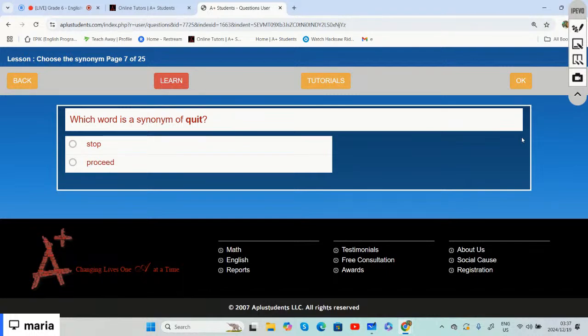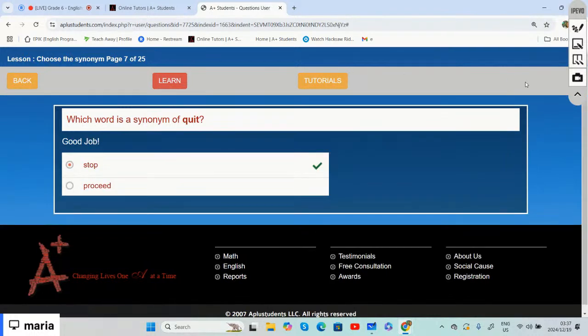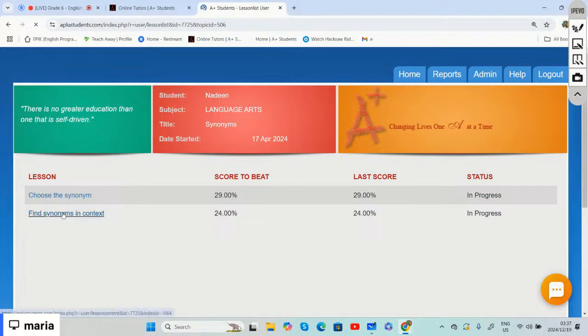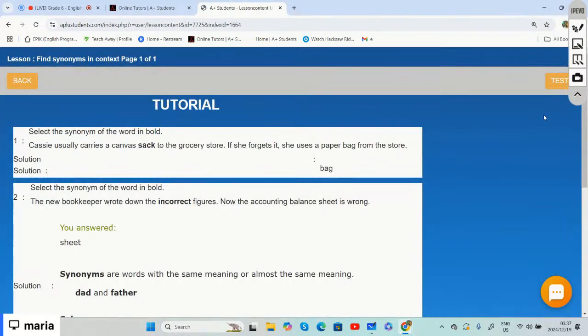And if we quit, another word for quit is to stop. Yes, option one is correct. Well done.